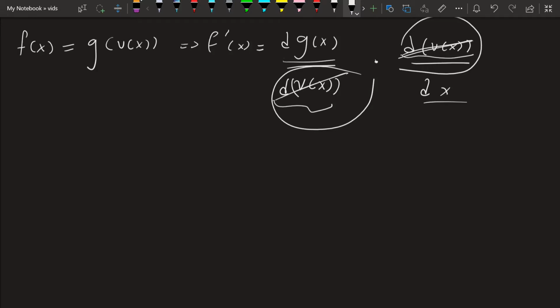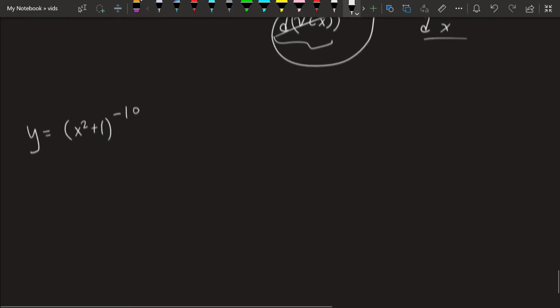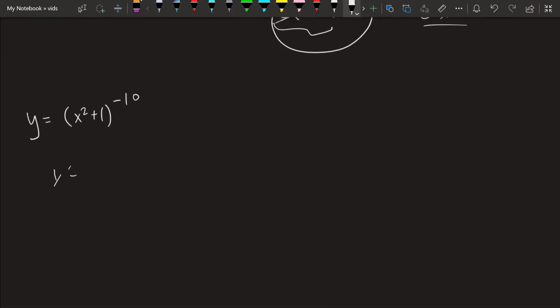So let me do an example so you guys would understand, and hopefully you do. Let's say we have y is equal to x squared plus 1 raised to the power of minus 10. Let's find the derivative, which is y prime.